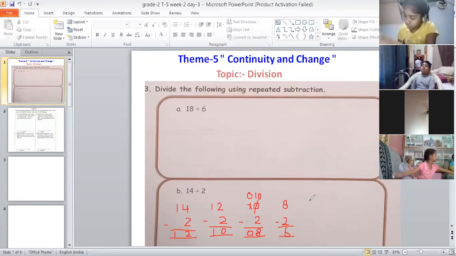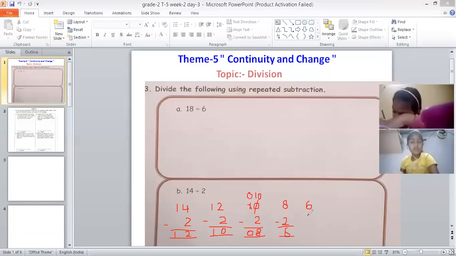We will write 6 here, and then the next will be 6 minus... Which number should we subtract? 2 ma'am. Yes, so we'll write here 2. So this will be 6 minus 2.